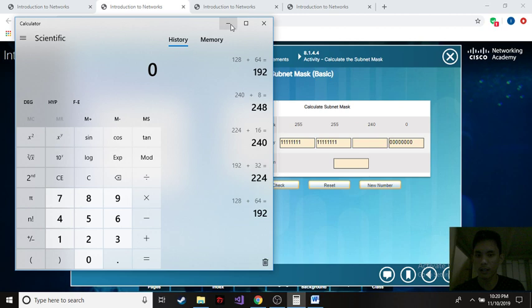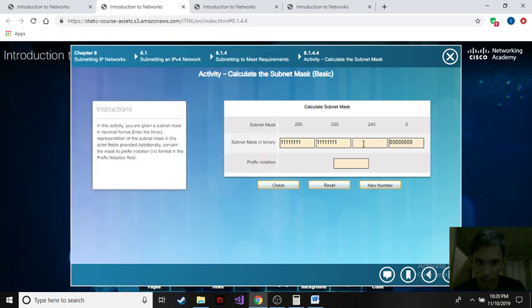I think we already computed that value, and this is 5 ones and then 3 zeros. So the prefix notation here should be 16, 16 plus 5, which should be 21.